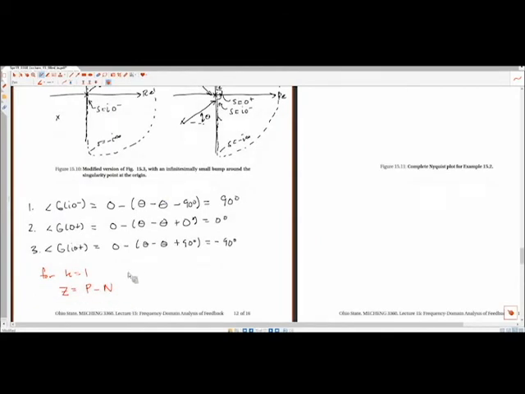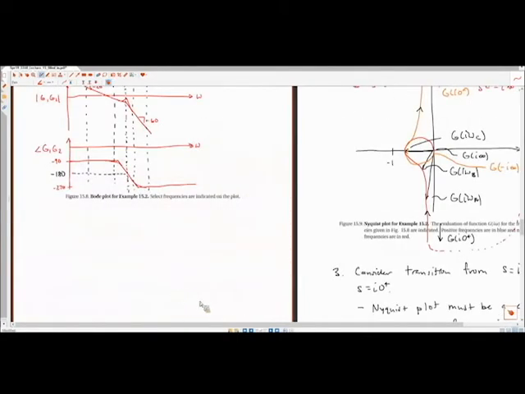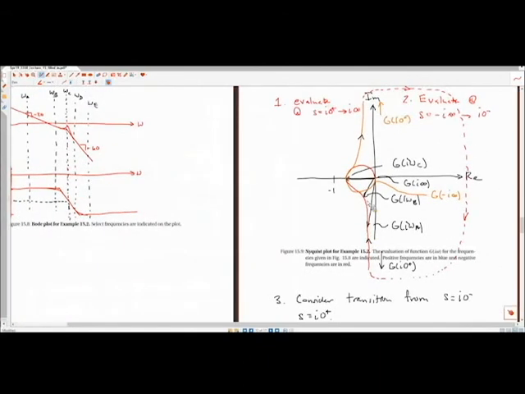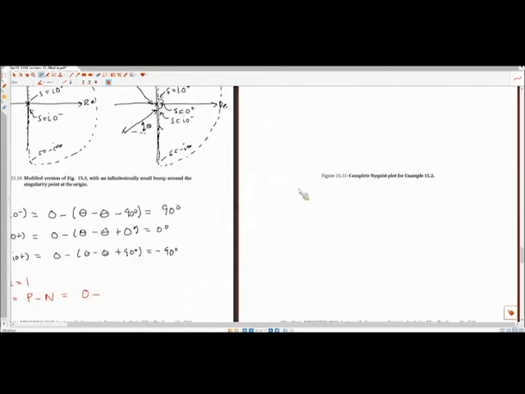For this example, none of the open loop poles are in the right half plane, right? We have 2 complex conjugate poles and 1 at the origin. So P is equal to 0. This does not encircle -1, so this system is stable for this configuration.